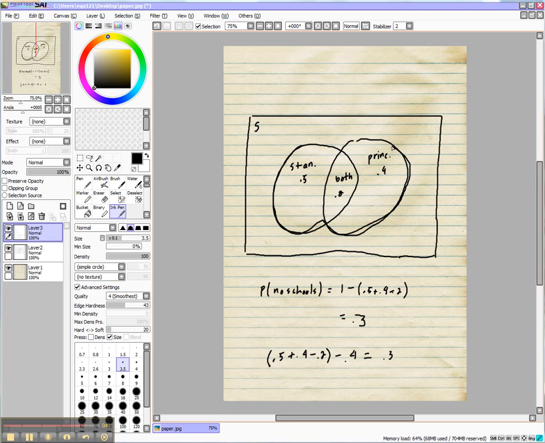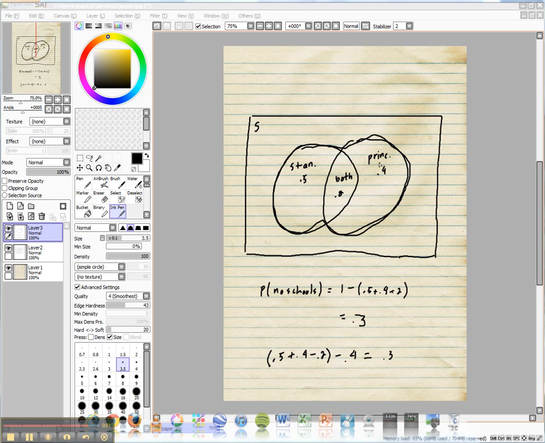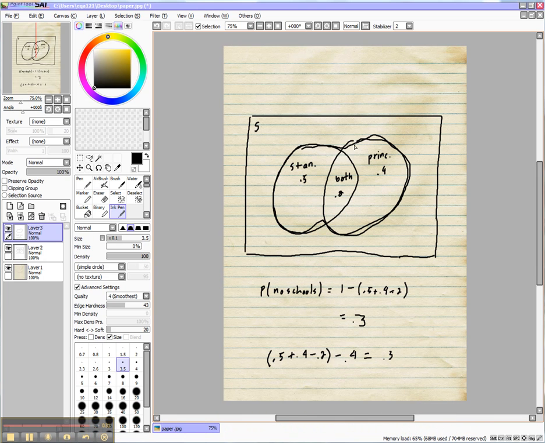This entire shape right here. And then I subtracted the 0.2 overlap. And then this minus 0.4 part is subtracting just this circle. So I took away this 0.4 part, and I got 0.3. Hopefully that makes sense.